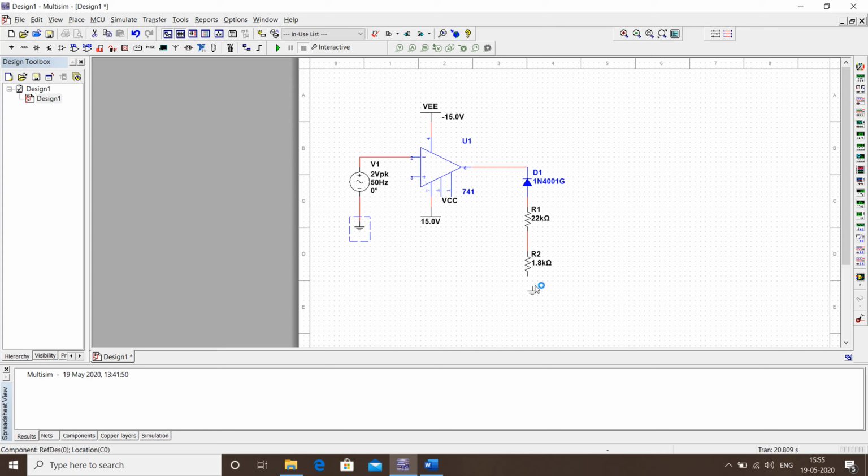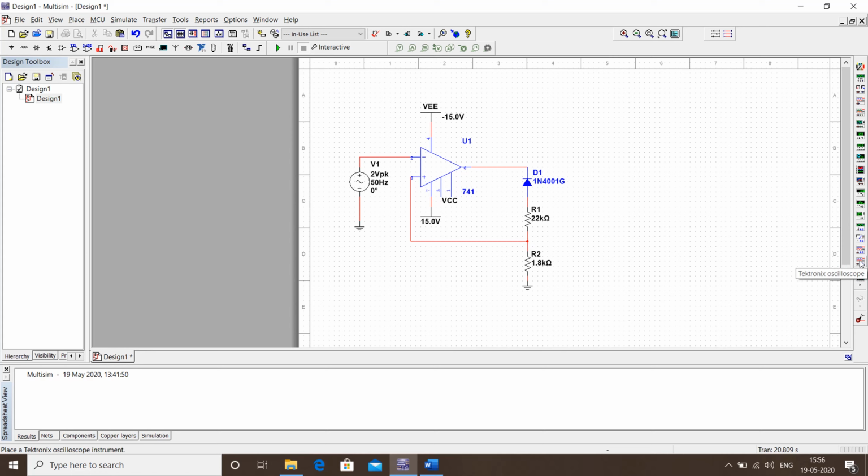So just copy paste and bring it to this. Connecting this, pin number 3 has to be connected at this. So this is a positive feedback network that we are using at this particular part.